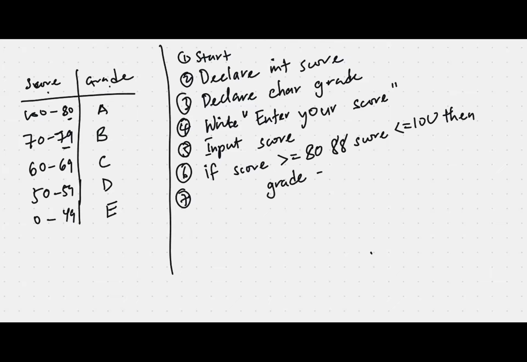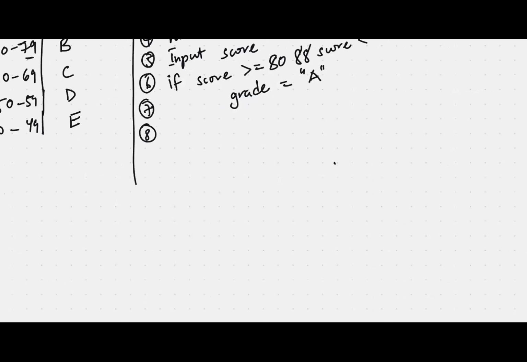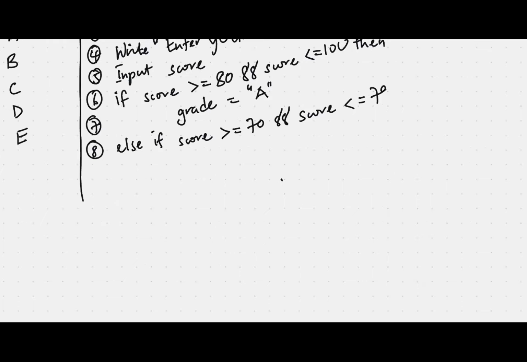Number 8, else if score is greater than or equal to 70 and score is less than or equal to 79, then number 9, grade is equal to B. So character.